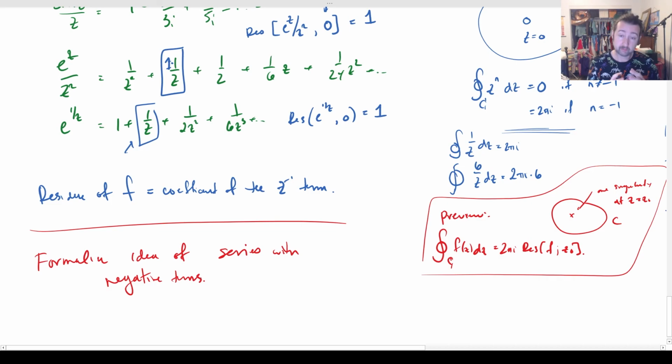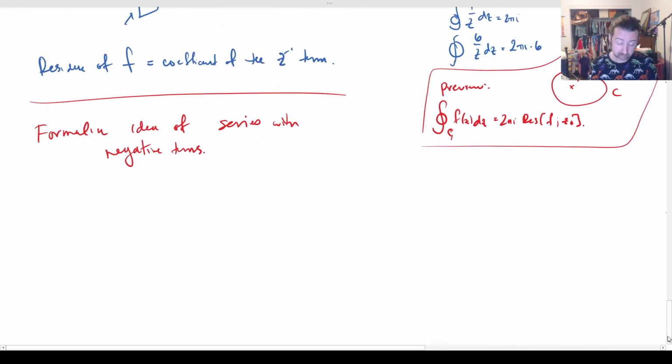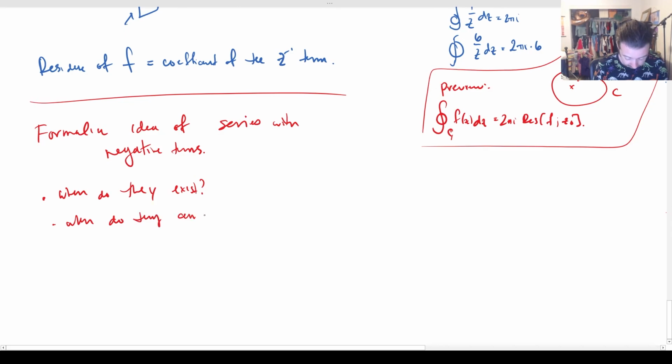We want to know something about the way that functions behave on the sets where these things converge. We'd like to know how to write them down, how to compute their coefficients. So when do they exist? When do they converge? How do I compute the coefficients?